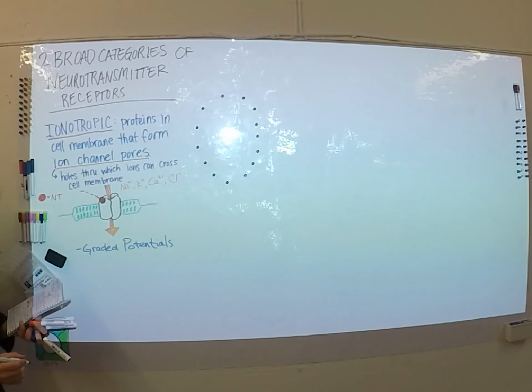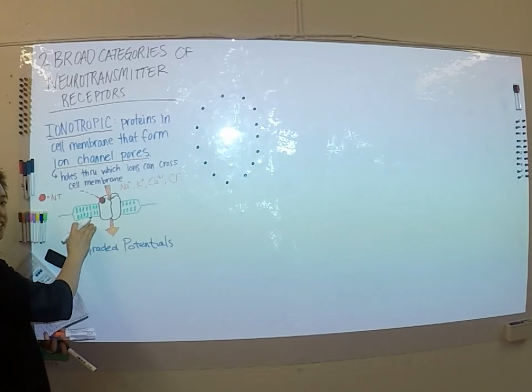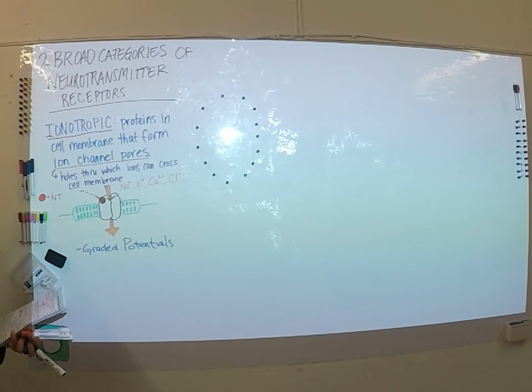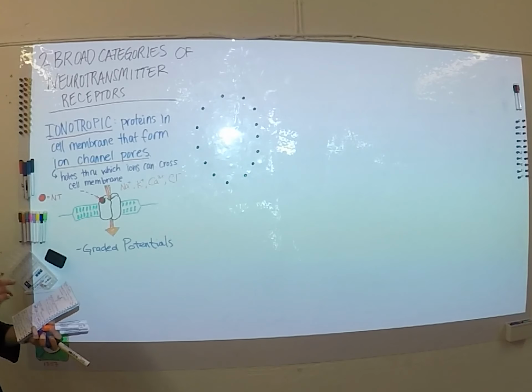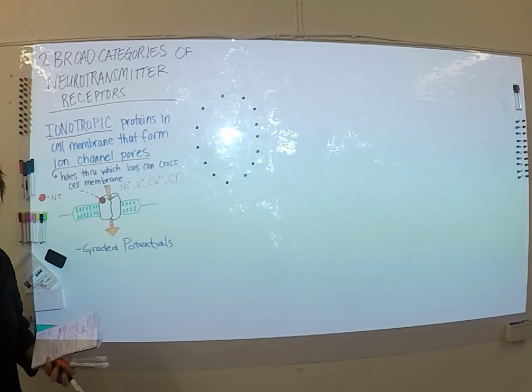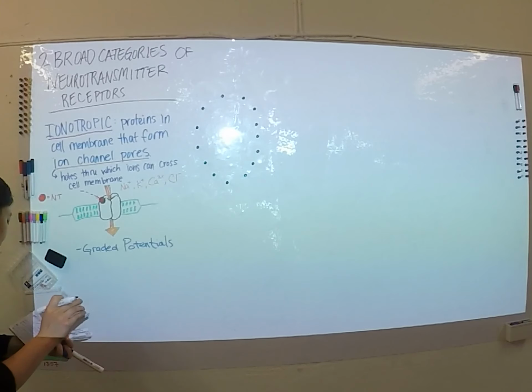okay? And these kinds of receptors can open and shut really, really quickly. So they're involved in signals between cells that require a fast response, okay? And by fast, we mean milliseconds, all right?